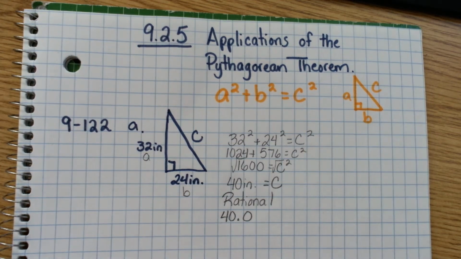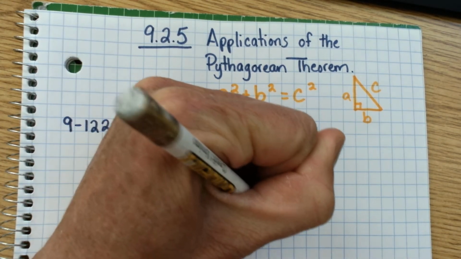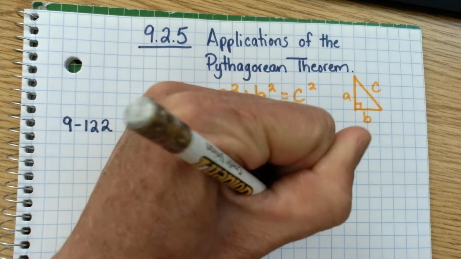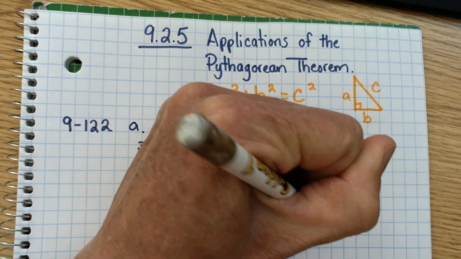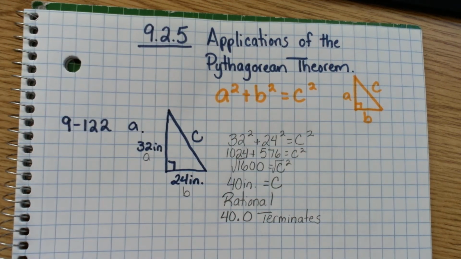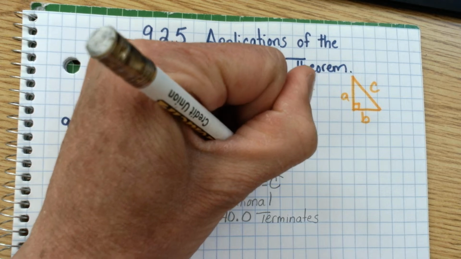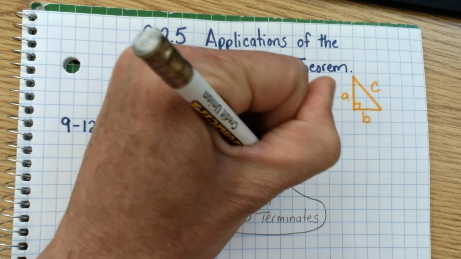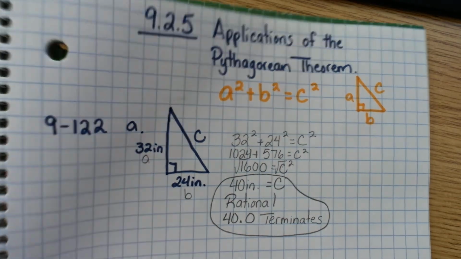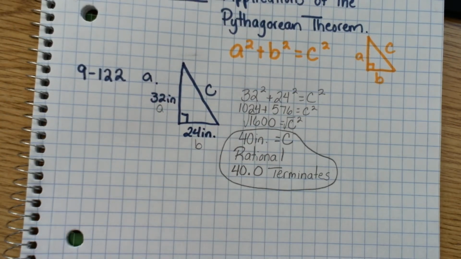That is a terminating decimal because it has an end to it. It doesn't repeat, so it terminates. Okay, now we've answered everything that they've asked us to do, and really if we were to circle our answer, we have to circle all of this. They asked us several different questions.